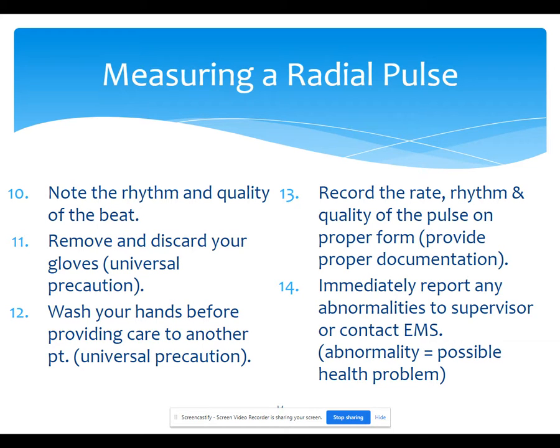For instance, 65 beats per minute, strong rhythm, and no irregularities. We want to know what's going on, so note if it was irregular, thready, or quick. Then remove your gloves and note it down. If there's any type of problem, make sure you report it to a supervisor or EMS if there's something strange.